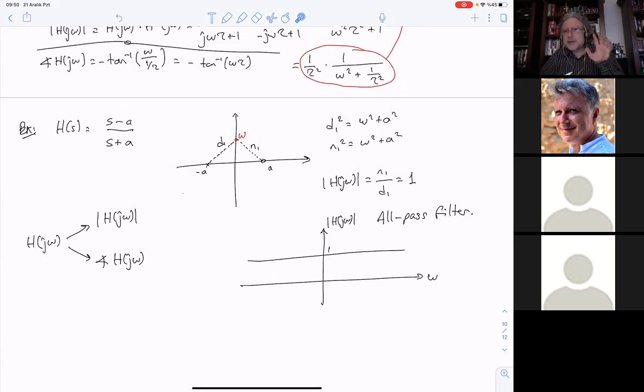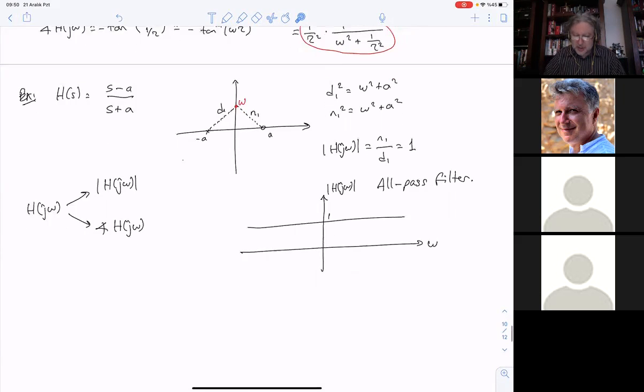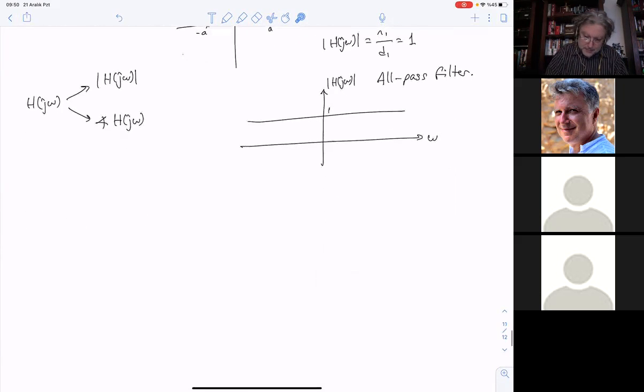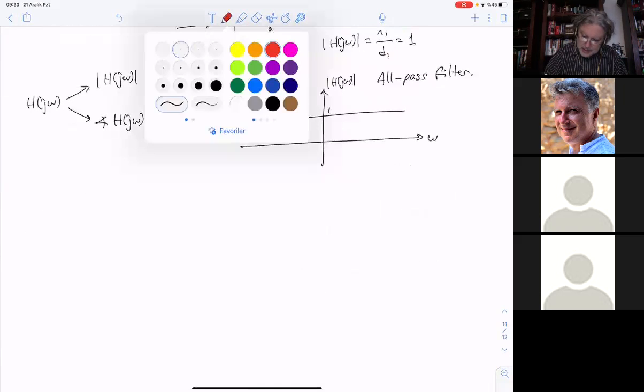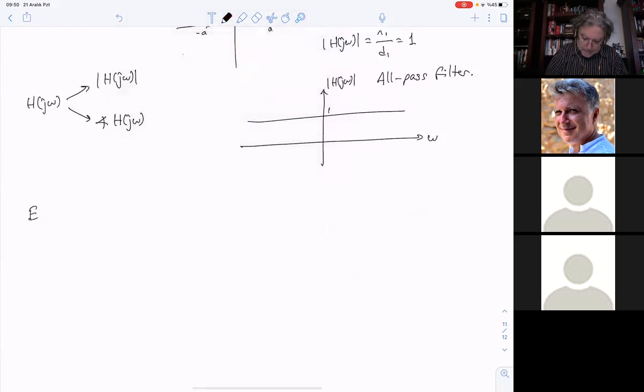But the actual system-wise characteristics way of equalization is the following. Let's see it as an example. Suppose that your H of s is equal to s plus a over s plus b.